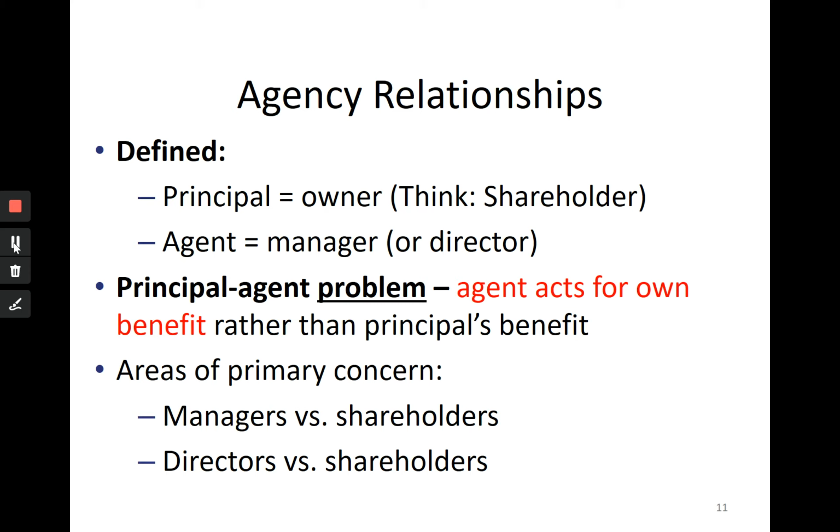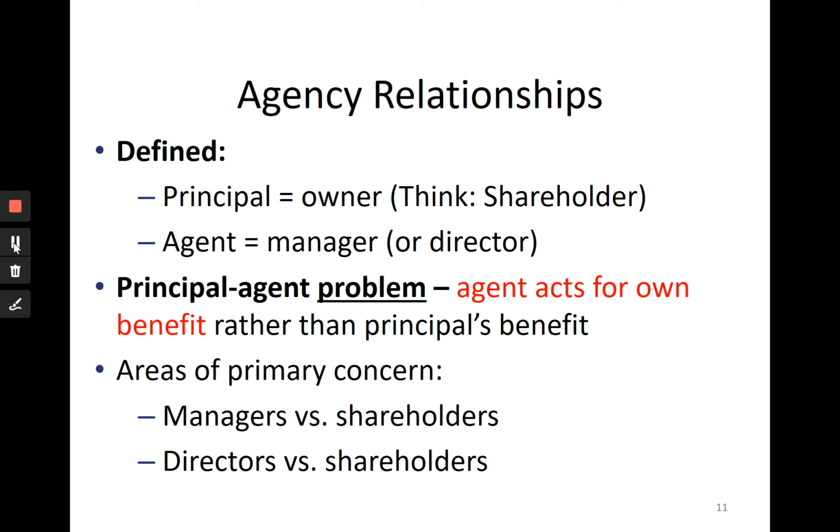So the owners are stockholders, shareholders, and they hire a professional manager, such as the chief executive officer, to run a corporation, to control the corporation, because this corporation is huge and the task requires certain skills that shareholders necessarily don't have, and also because there are many shareholders and dispersed ownership would make it difficult for each one of them to exert control. The agent exerts control on behalf of the principal.